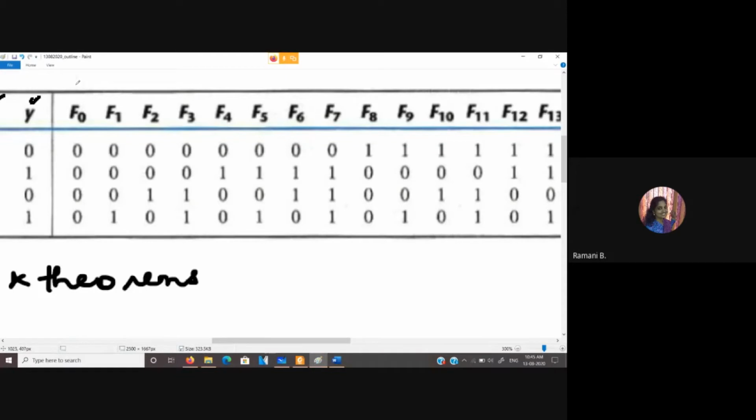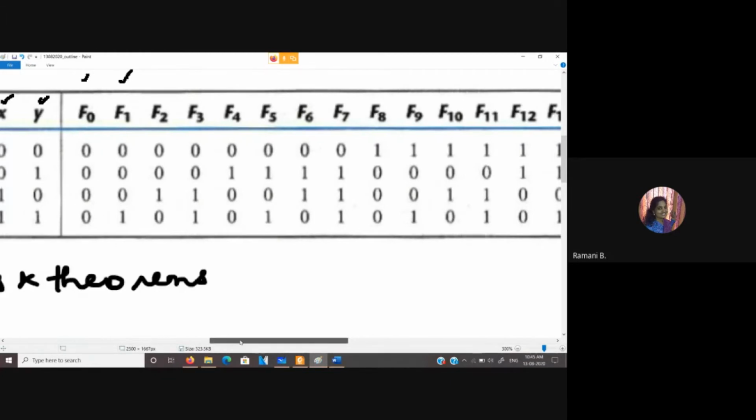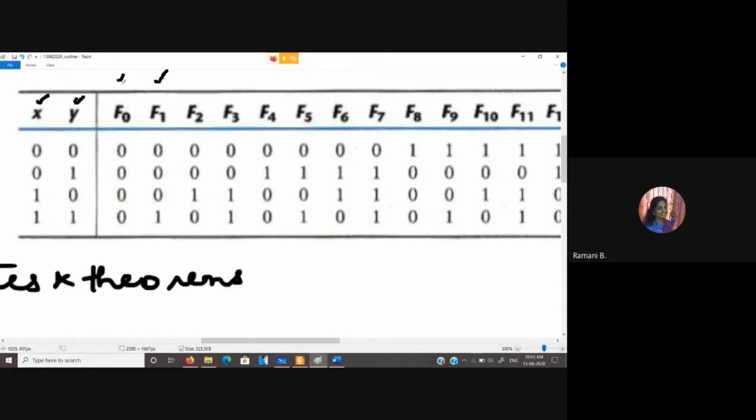The first function corresponds to f naught is equal to 0, because for f naught all the output values are 0. For f1, for x as well as y equal to 1, the output is 1, so this expression is nothing but f1 is equal to x dot y.